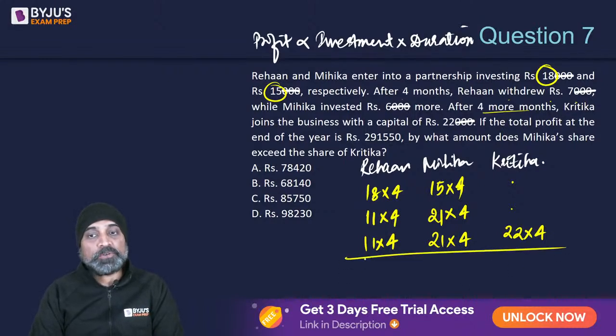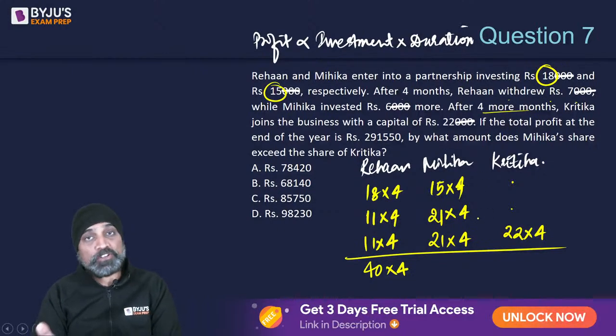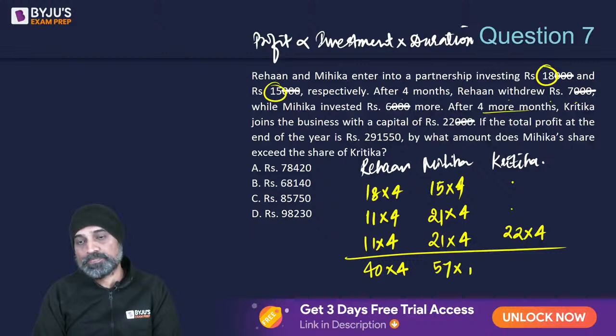Now, if we calculate total Rehan's, if I take out 4 common, this is 11 plus 11, 22, 22 plus 18 being 40. So this is going to be 40 into 4. Similarly, if I talk about Mihika and if I take out 4 common, this is going to be 21 plus 21, 42 plus 15, which is 57 into 4. And if we talk about Kritika, it's only 22 into 4.